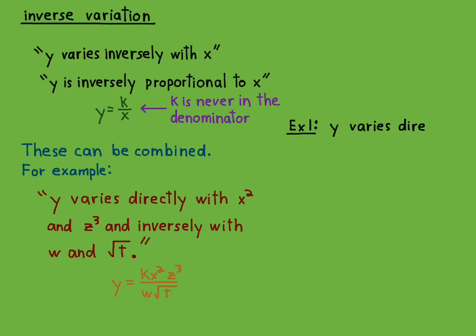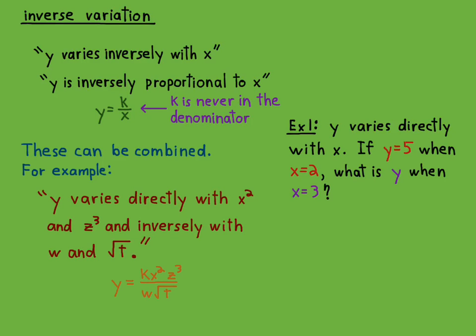So here's an example that I'll work out. Y varies directly with x. If y equals 5 when x equals 2, what is y when x equals 3? I colored these different colors, red and purple, because they're two different sets of information and you have to use them separately. The first set of information, you have values for x and y.